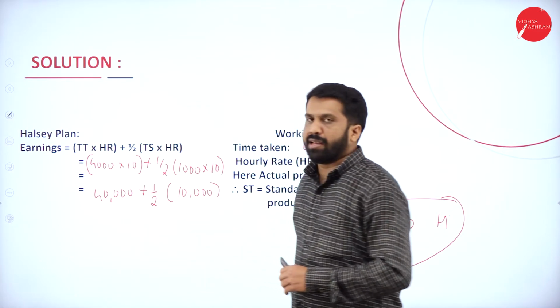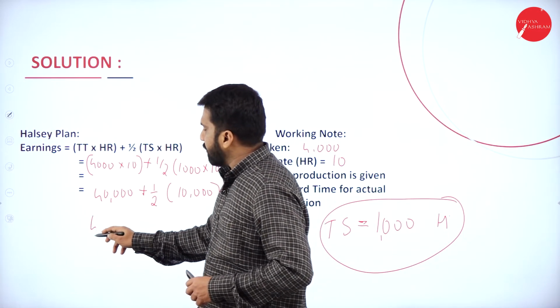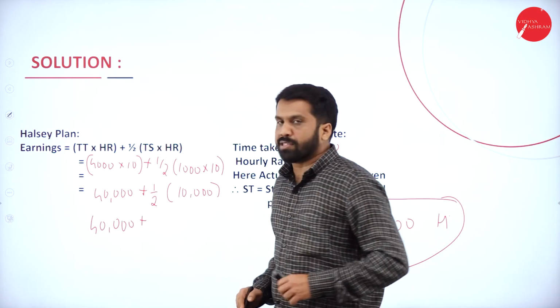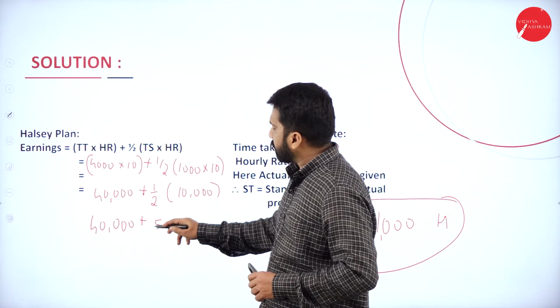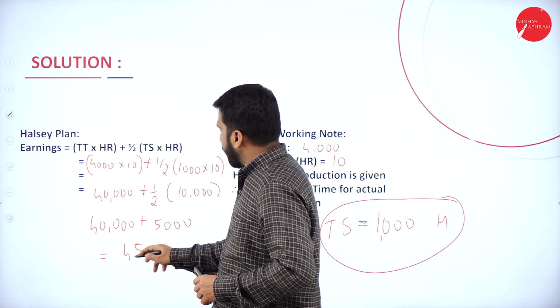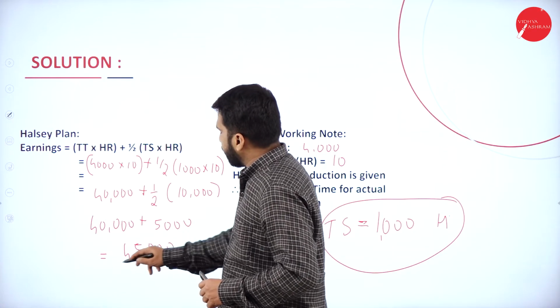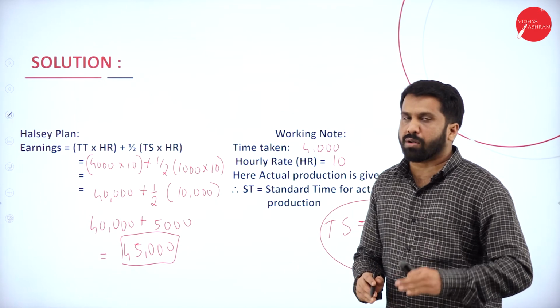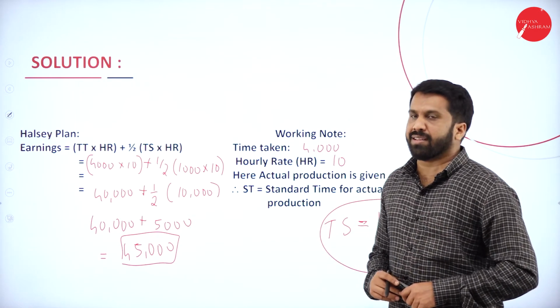Now, 40,000 remains as it is, plus half of 10,000, which is 5,000. Your final answer will be 45,000. Any doubt? No doubt. So this is all about your calculation.